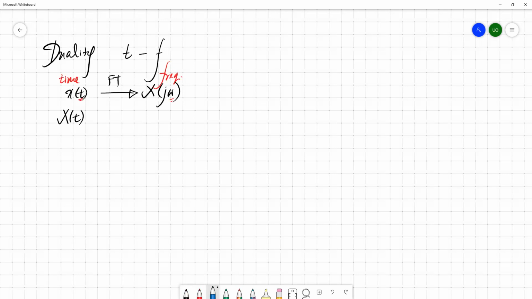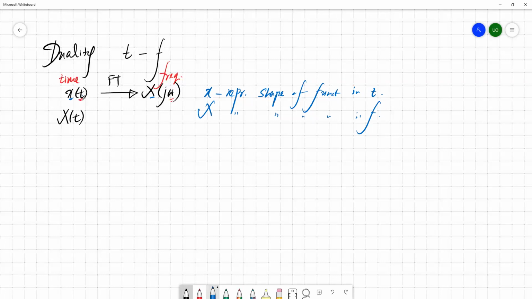These are basically the shape of the function, and this and this represent the independent variable in the time and frequency domain.